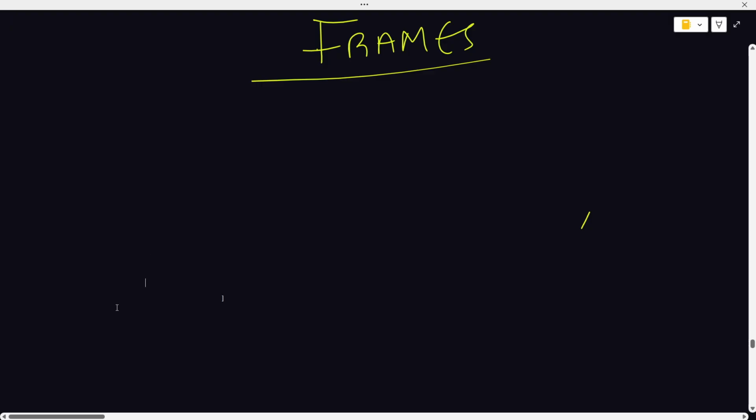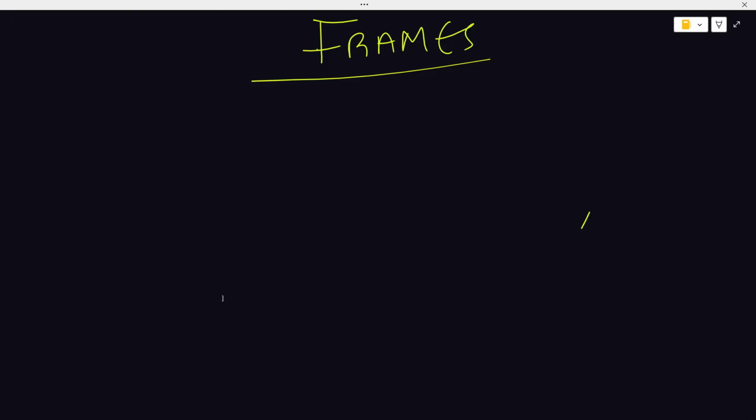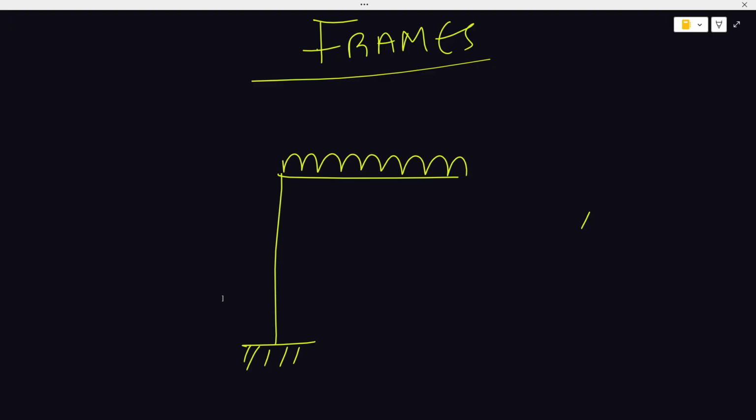Yes, so let's get started. Now let's solve this frame structure. Mind you, the reference I'm using is Aslam Kassimali. The distributed load is .6 kilonewton per meter. Let's say this is 25 kilonewton.